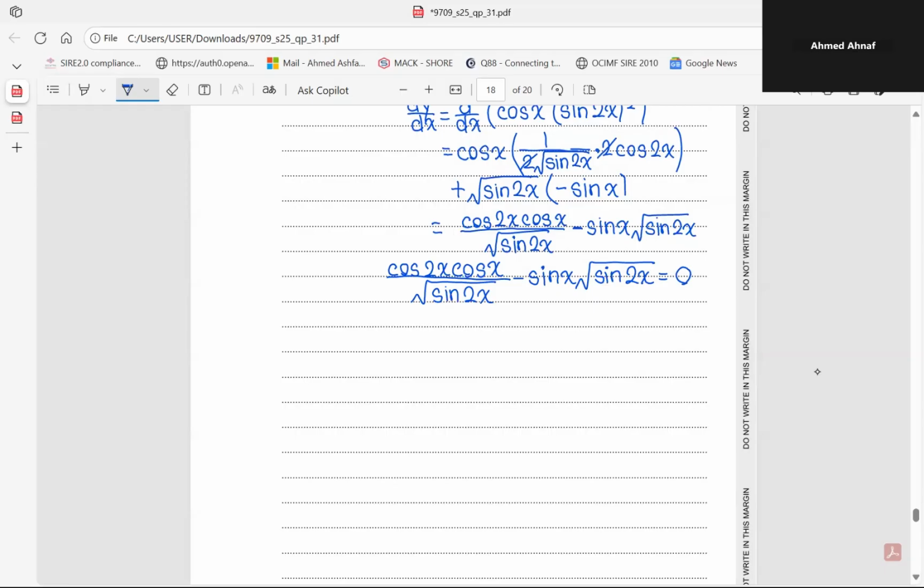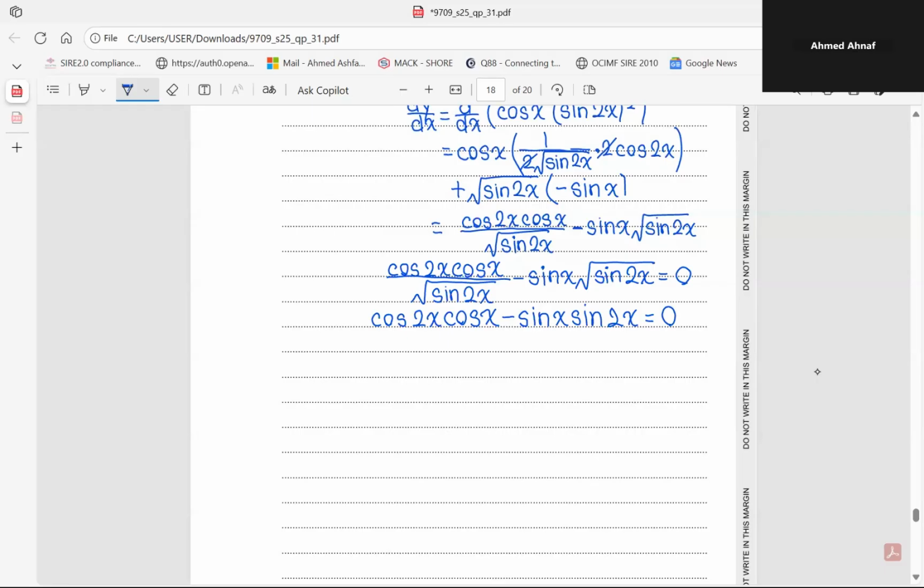So we have to multiply both sides by square root sine 2x. So let's do that. Cosine 2x times cosine x minus sine x times sine 2x squared. So that would just be sine x times sine 2x equals 0.